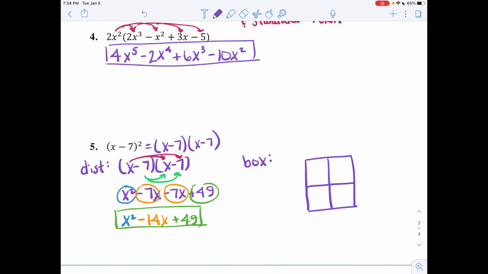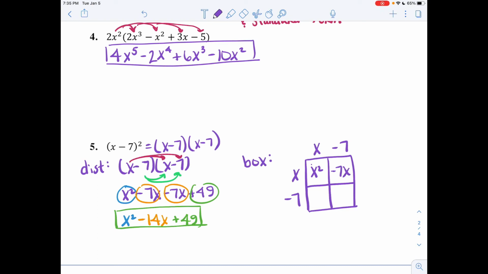So now we write the terms of our polynomial, one on the left-hand side down it and the other one across the top. And now we simply look at where the terms intersect and we write the result here. So an x times x is going to give me x squared, and then x times negative 7 will be negative 7x.